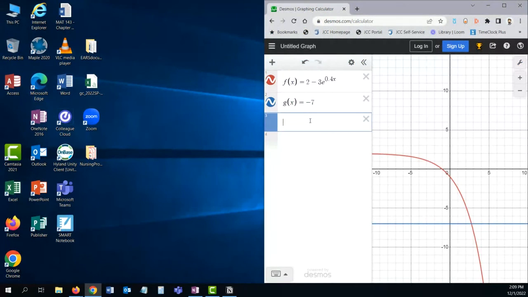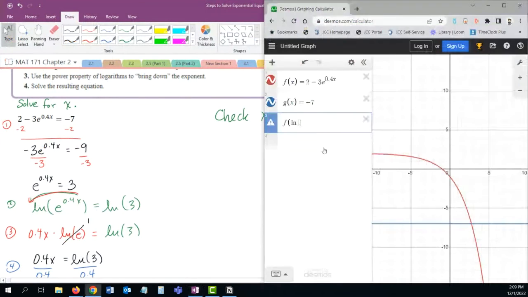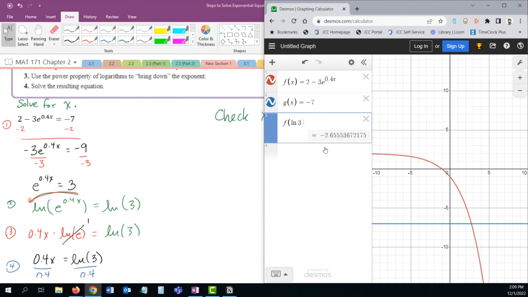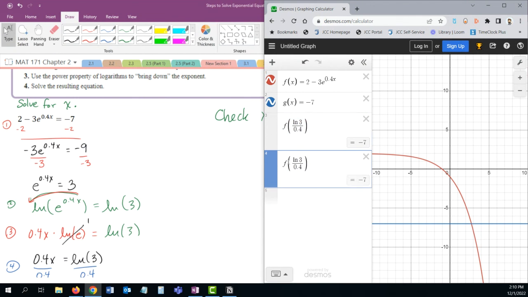Let's find out. So what is f at the natural log of 3 divided by 0.4? Well, it's -7. Do the same thing for g and literally copy and paste, just swap out that f for a g.